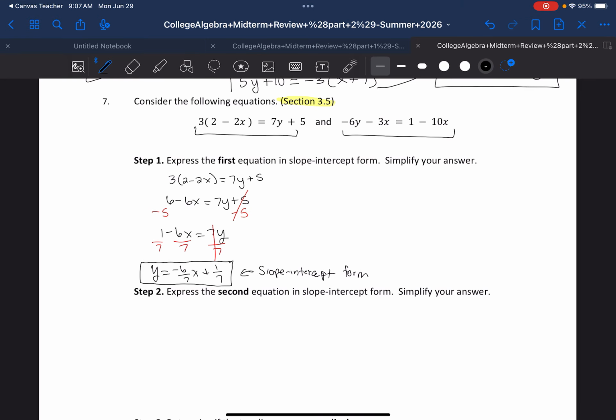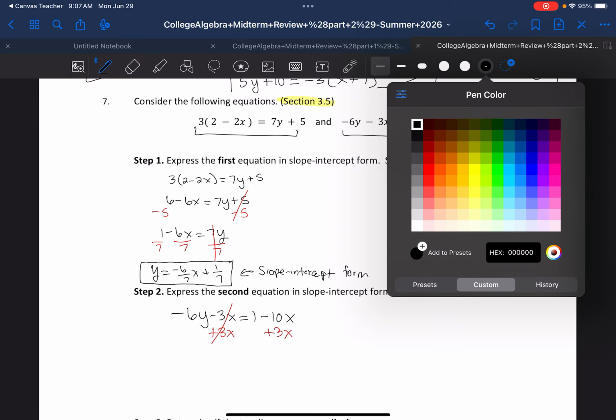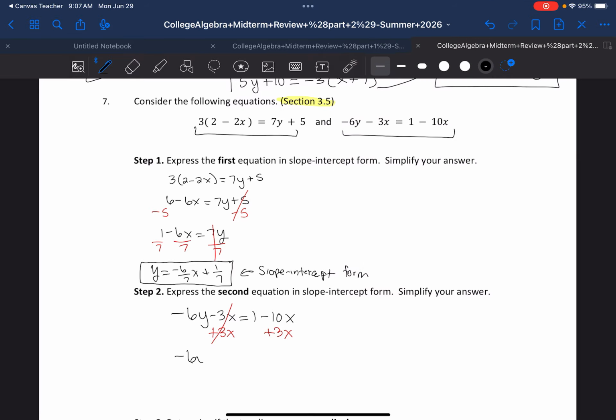Step 2, we're going to do the same thing for the second equation. Get y by itself, so I'm going to add 3x to both sides. Negative 10 plus 3 will give me negative 7, so that'd be negative 7x.